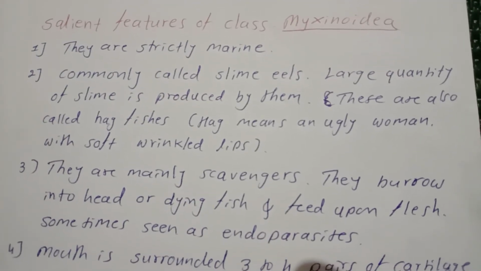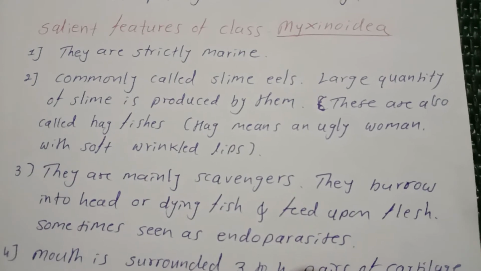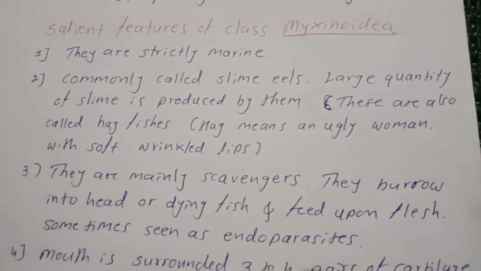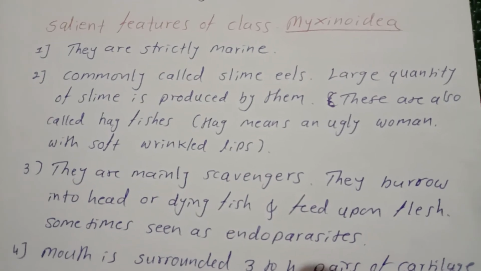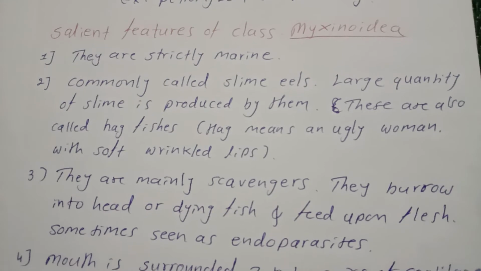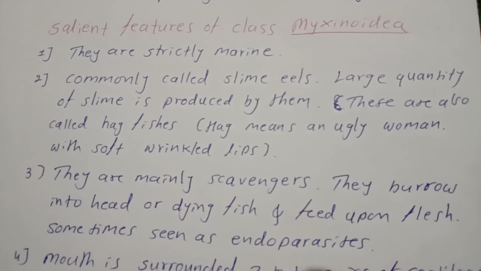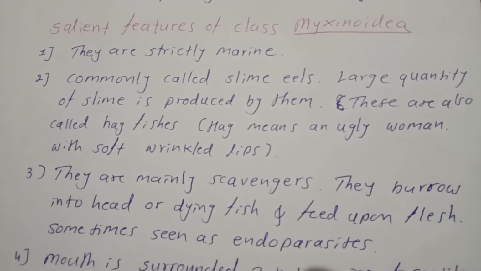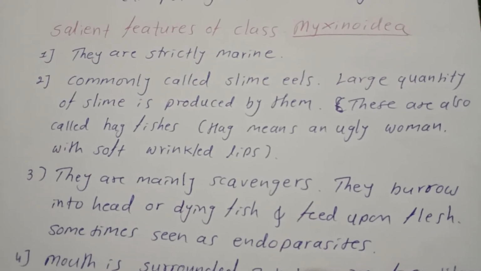Now the second class of group cyclostomata, that is myxinoidea. We will see the salient features of class myxinoidea. All the animals which belong to class myxinoidea are strictly marine.